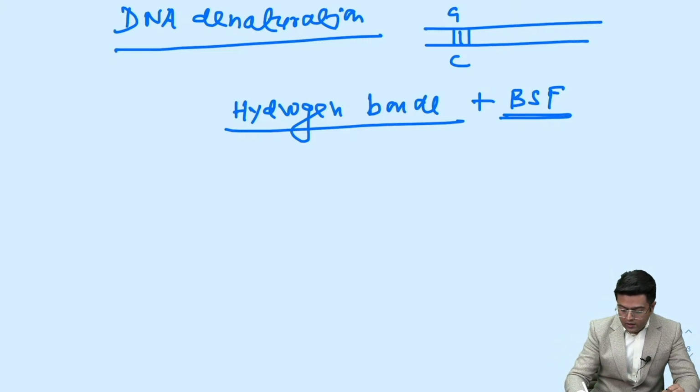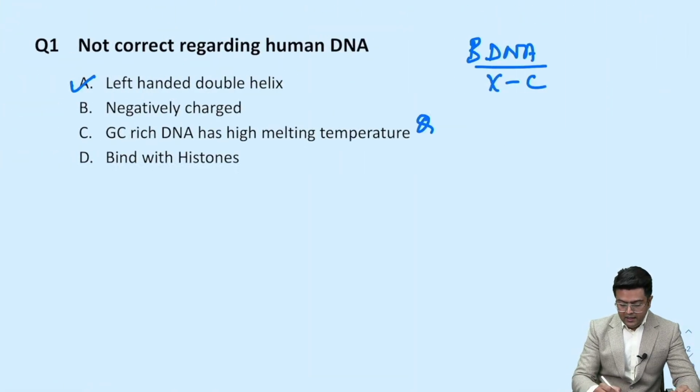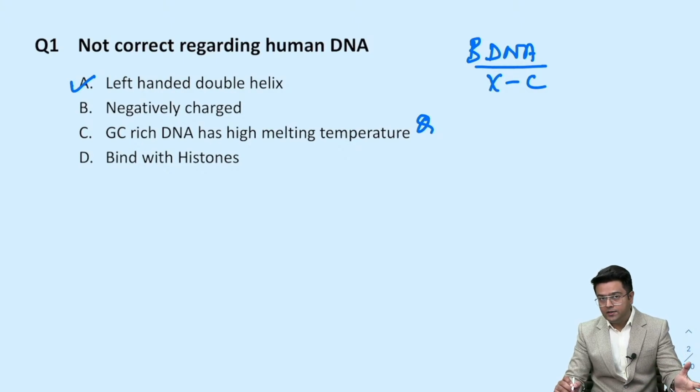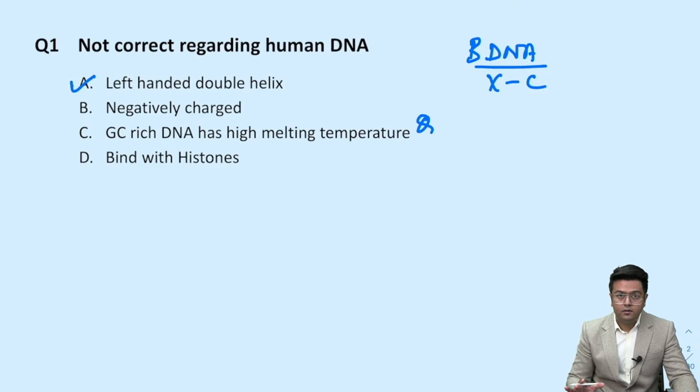These are called base stacking forces. These are the two forces which hold the DNA tightly. So this is the point which has been recently asked in exams. I'm repeating, I am covering only the points which are asked in exams or have been part of the MCQ as an option.